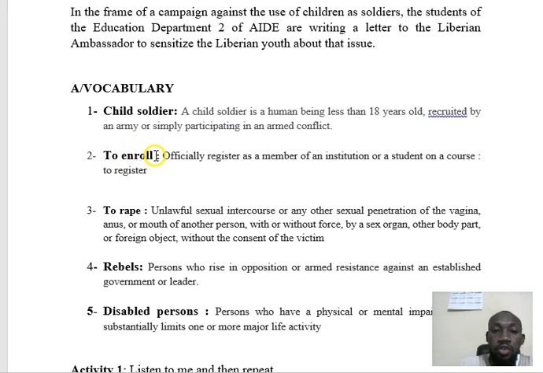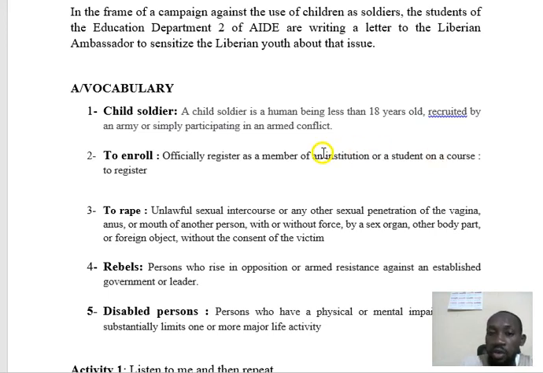The second vocabulary is to enroll. To enroll is to officially register as a member of an institution or a student on a course, right? For example, you students of the Department 2 of Ed are registered in Premier for many courses: English, geography, French, and so on and so forth.